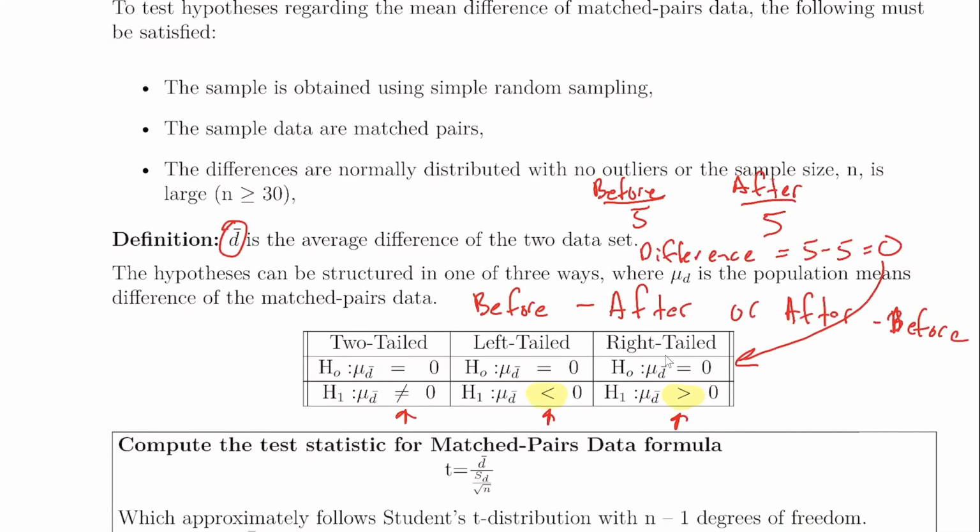Depending on how you subtract those two values, it will change your alternate hypothesis. If you do before minus after, you might have to put less than. But if you do after minus before, that one will be greater than. So depending on how you subtract and get the difference, that pretty much dictates what your null and alternate hypotheses should be.